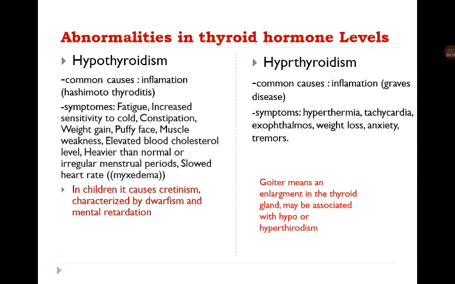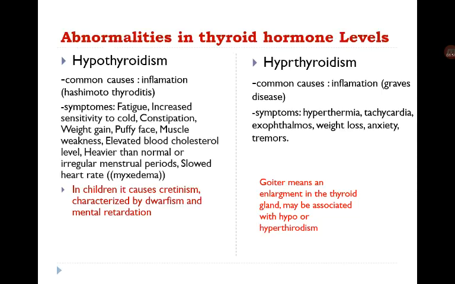On the other hand, hypothyroidism means decreased amount of thyroid hormone. It is almost always caused by certain inflammations or certain congenital problems. So remember when we talked about the synthesis of thyroid hormone, we talked about many enzymes. Any deficiency in any of these enzymes may cause hypothyroidism.